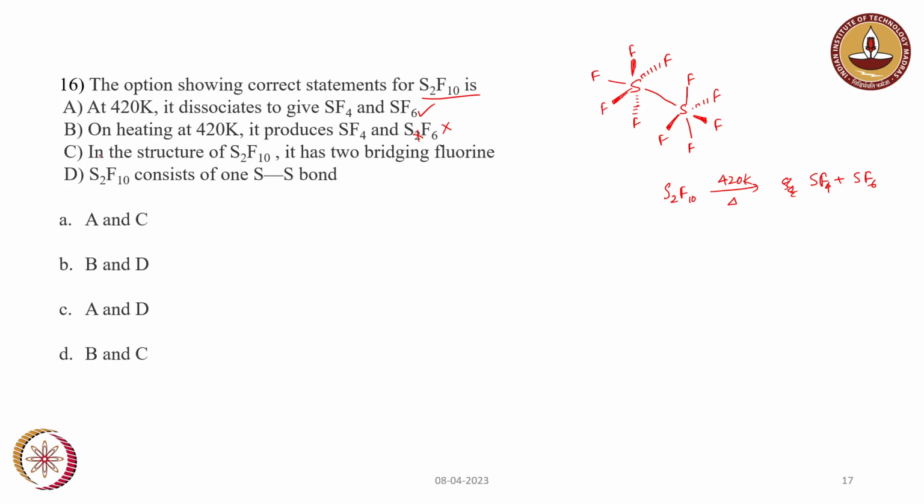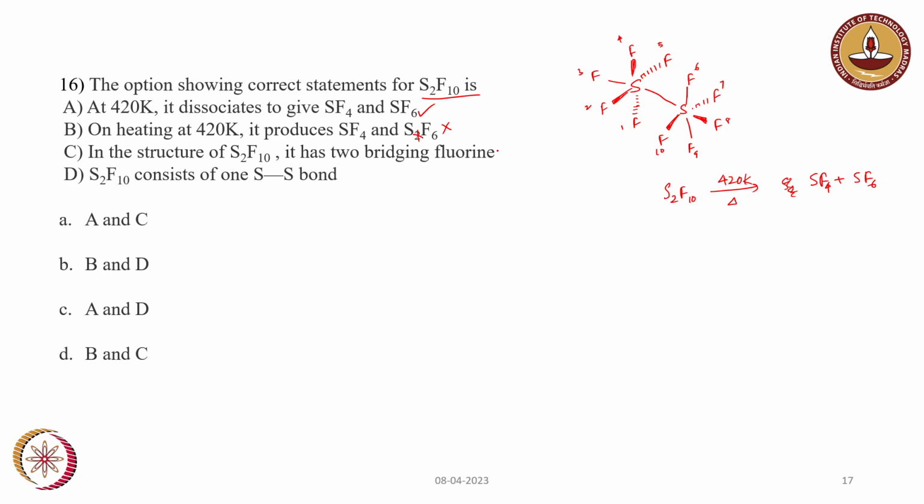The next option was in the structure S2F10, it has two bridging fluorine. So here no bridging fluorine is present, only terminal fluorines. So each sulfur has 1, 2, 3, 4 and 5 fluorine on each sulfur. So this 5 and 6, 7, 8, 9 and 10. So each sulfur has 5 terminal fluorines.